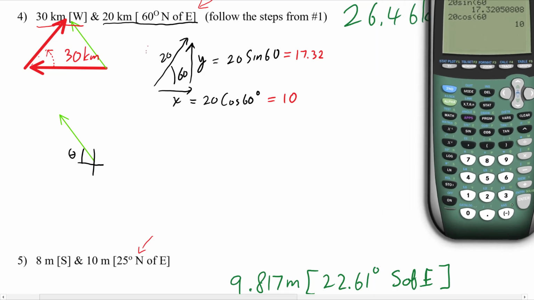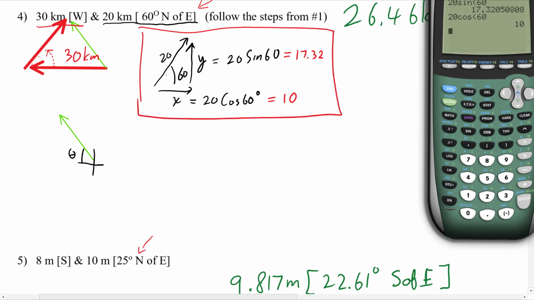Okay, so that's that vector broken into its components. We have the other vector of 30 kilometers west. So there's our two vectors in the red, two different red boxes. This one will be east. This part of it will be north.